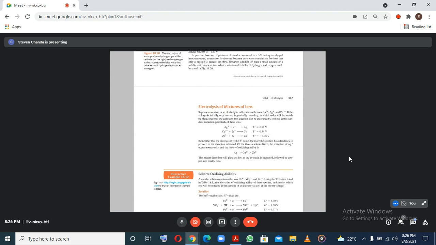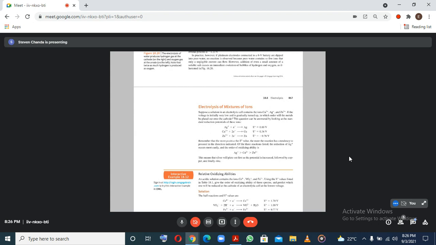Of course, the first one can easily be reduced looking at its standard reduction potential, then followed by the second reaction, then the ion reaction being the last one. So the order of oxidizing agent is the first one, the second one, then the ion.